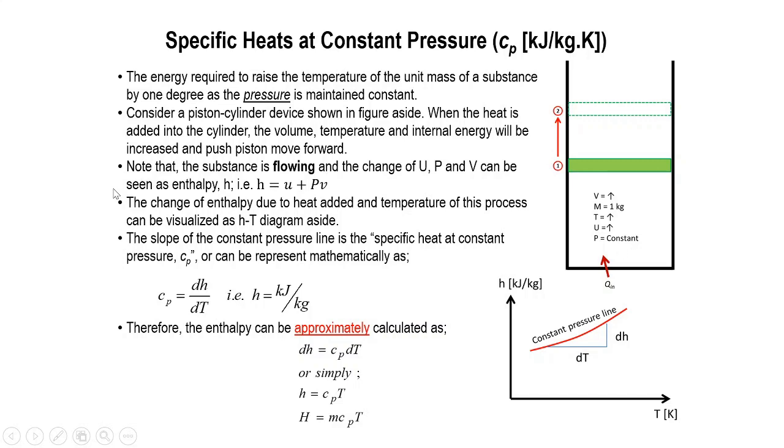So note that the substance is flowing, and the change of internal energy, pressure and volume can be seen as enthalpy. So therefore your enthalpy is equivalent to internal energy plus pressure times volume.